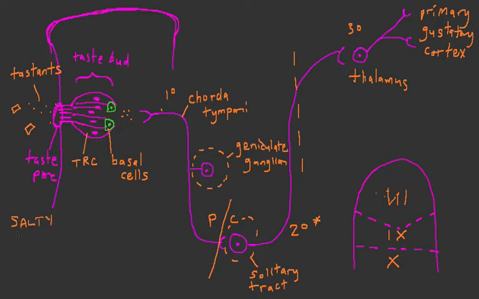So we have salty, and if we have this temporal dispersion of tastings, the first thing that'll happen once they reach receptors on the taste receptor cells is that, you can think of salt as typically NaCl, and the Na+ will simply just go through sodium channels on those receptors.